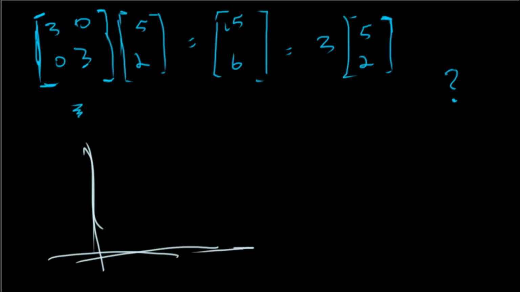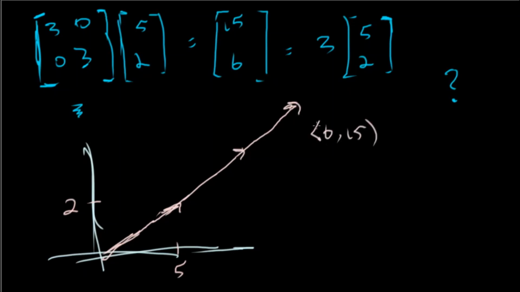So we have this vector 5, 2. And this thing is turning it into 15, 6.